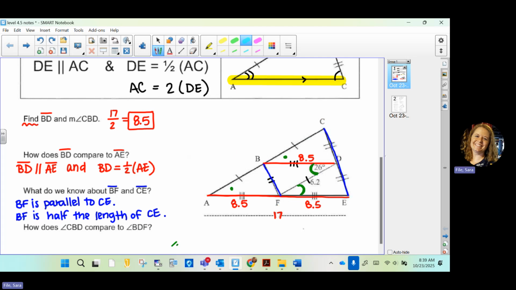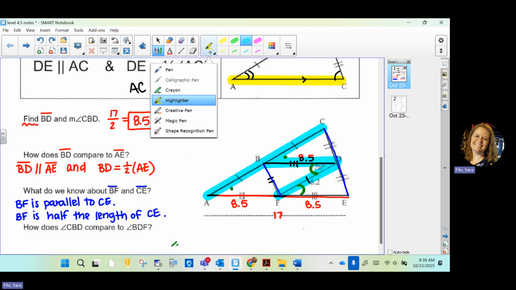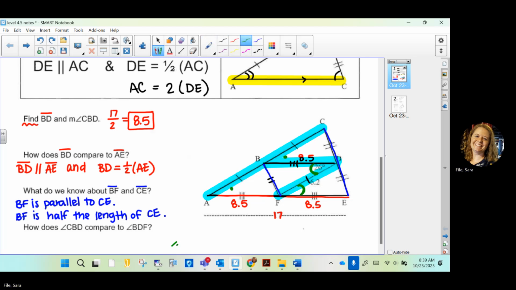Actually, these are what I want to look at. These parallel lines and that transversal, because that's that 26-degree angle again. And now I've got another Z shape here. So 26 would be here. 26 would be here. Do y'all agree? And that's the one that I had the dot on that I said is going to be the same as this one. So that means this is going to be 26 also.